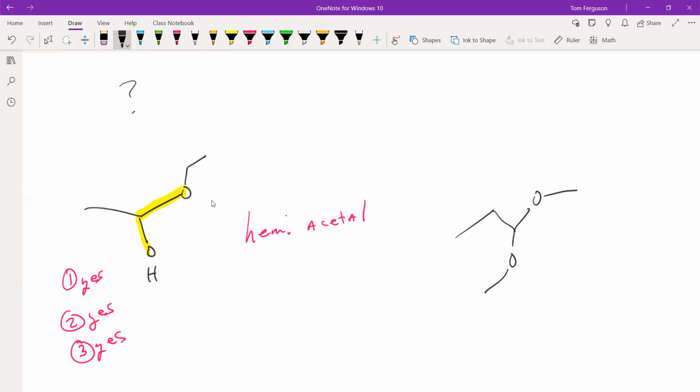Okay. So question number one, is there an OCO? Yes. OCO right there. That means it's going to be one of these: acetals, ketals, hemiacetals, hemiketals. Question number two, is there an OH present off that middle carbon?